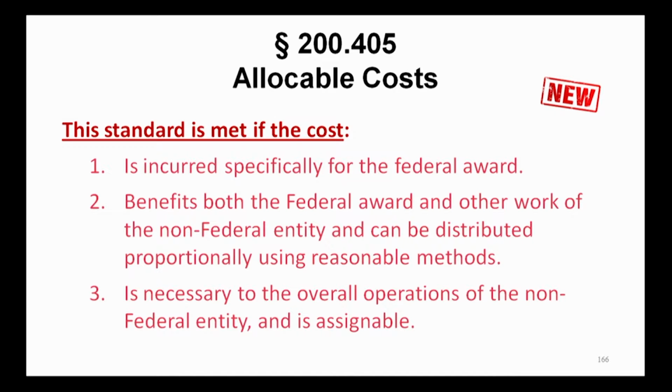It benefits both the federal award and other work of the non-federal entity, and can be distributed proportionately using reasonable methods. So that's a really big thing with the cost principles, is everybody has to pay their fair share. Being able to allocate cost proportionate to the benefit that each program gets, and is necessary to the overall operations of the non-federal entity, and is assignable.